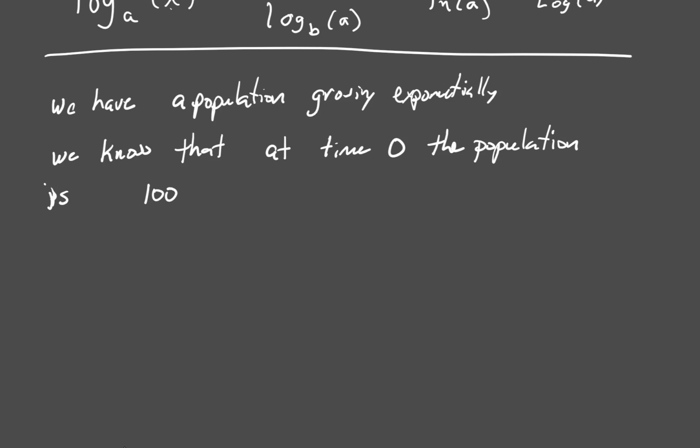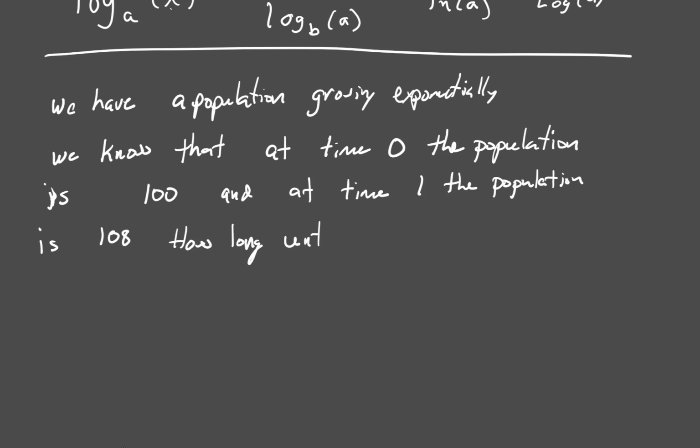So we'll just put 100 people. Think of it as 100%. And at time 1, the population is 108. So maybe it's growing 8% per time period. How long until the population doubles?